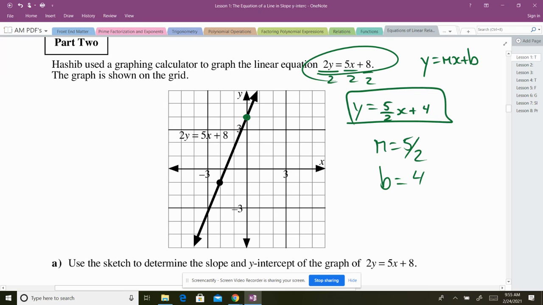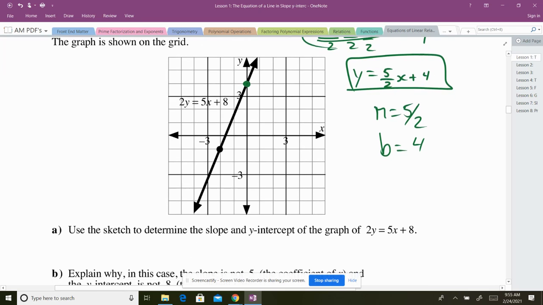Now, this is actually a good one to do, because 5 and 2 are positive, right? So you want to go up and to the right. What's the problem if I go up 5 units? I'm off the chart. But if you're clever about it, is that the same thing?